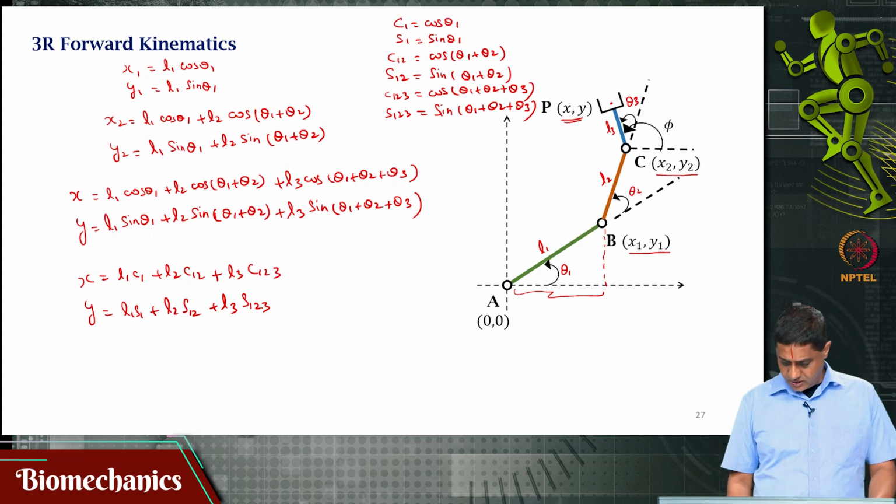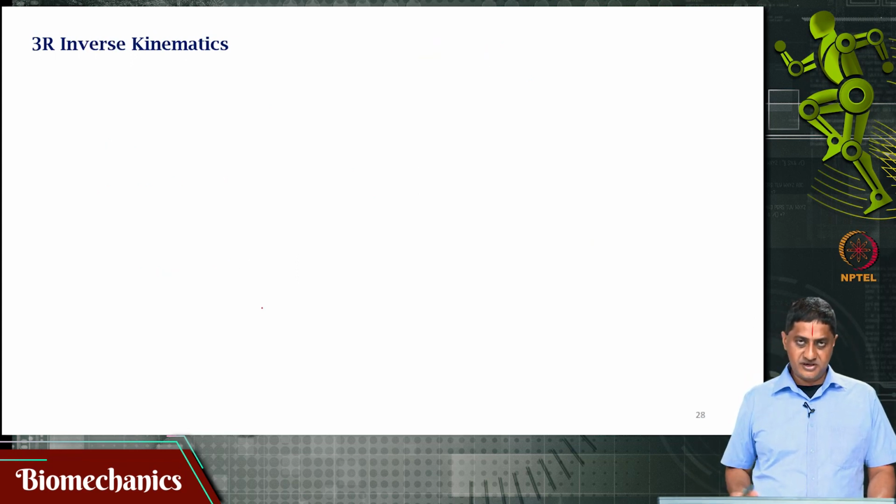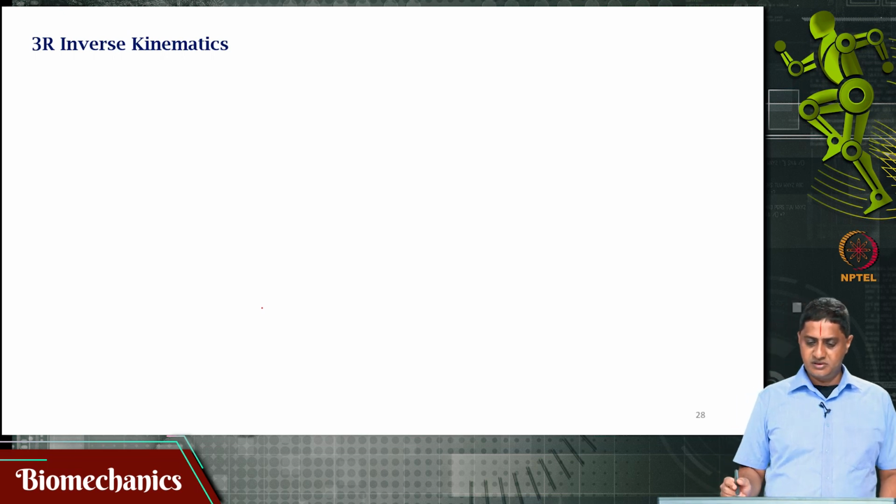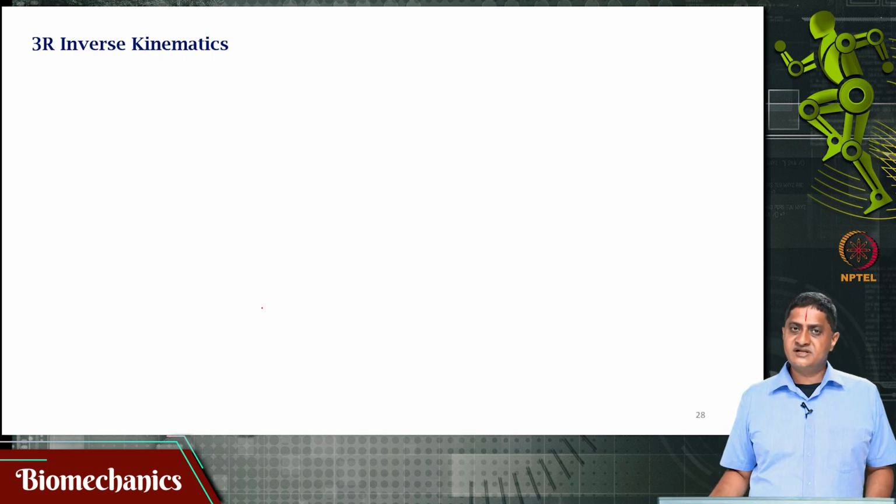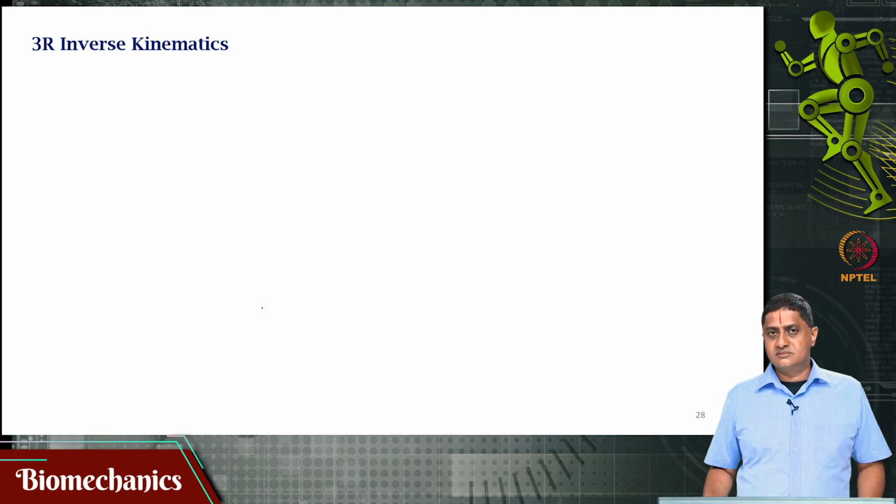Now, let us move on to inverse kinematics. Remember that the inverse kinematics, even in the two-link planar case, was rather complicated. That is, in the two-link chain, when the coordinates, both x and y, are given and link lengths are known, finding joint angles is non-trivial, because there are two distinct configurations in which the same endpoint may be reached.